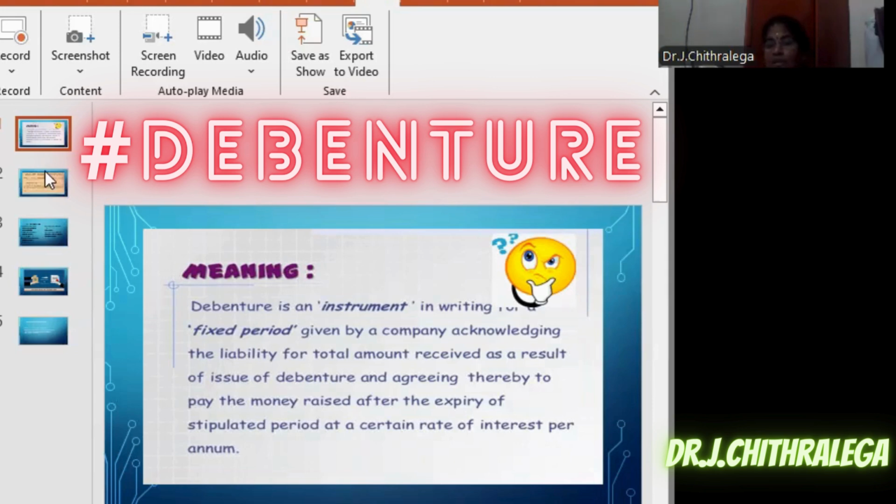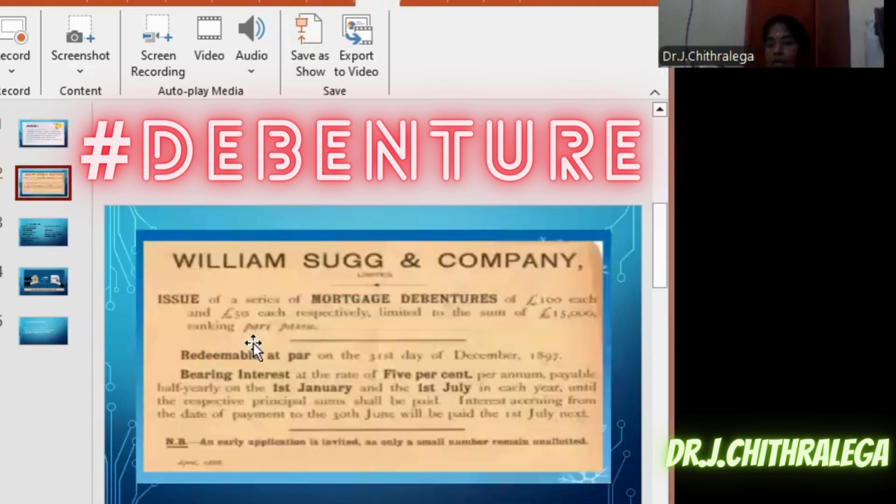So you can see the image of a debenture. Here you can see that William Sugg and Company is the company borrowing money from the public, where it states: issue of a series of mortgage debenture, where 15,000 debentures of 100 each have been issued.